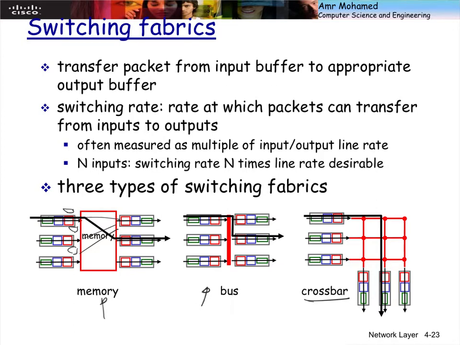So if the switch fabric works at the line speed, the overall speed of the system will be very low. But if the switch fabric is much faster than the line speed, then all these flows go to this output port with a relatively better speed to maintain the end-to-end speed of the entire router from the input port to the output.